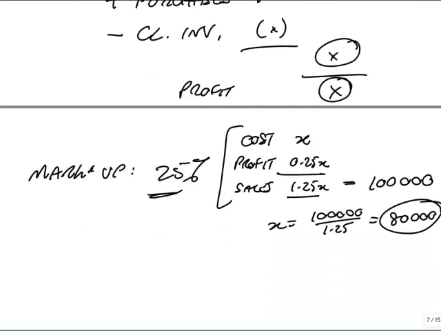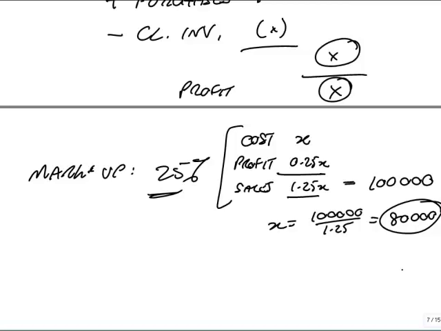Again, whether you choose to use X's or other ways, if the cost is X, with a markup of 25%, the profit would be 0.25X. The sales, therefore, would be 1.25X. We know the sales are 100.